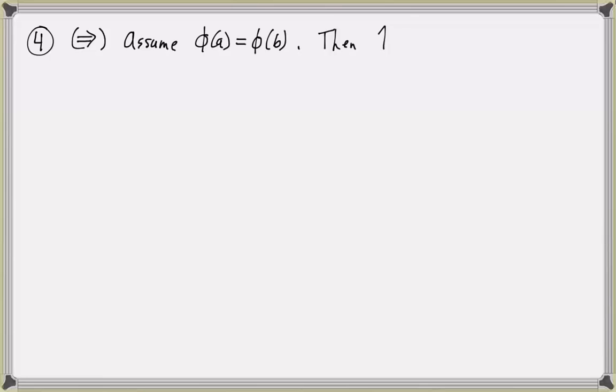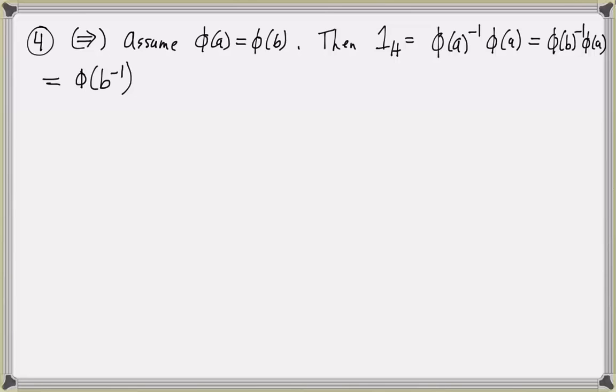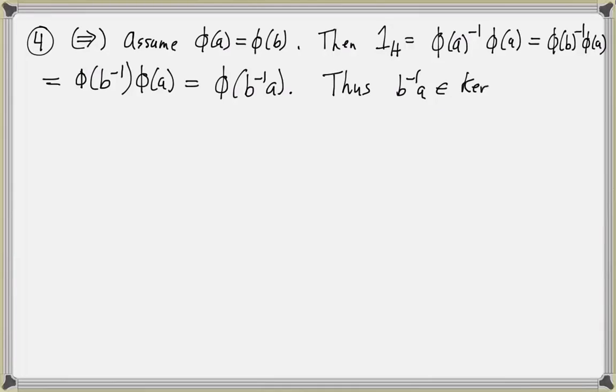Well, then the identity of H can be written as phi of a inverse times phi of a, but since phi of a is phi of b, I can also write this as phi of b inverse times phi of a. I can write this as phi of b inverse a. So thus b inverse a is in the kernel of phi because phi of b inverse a is the identity element of H.